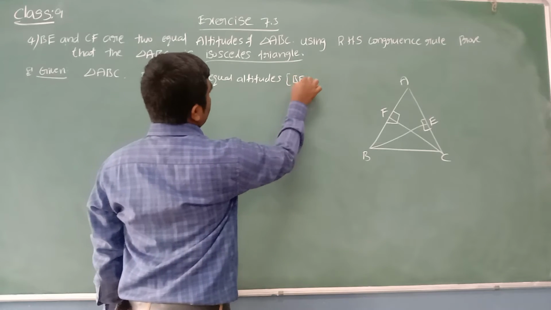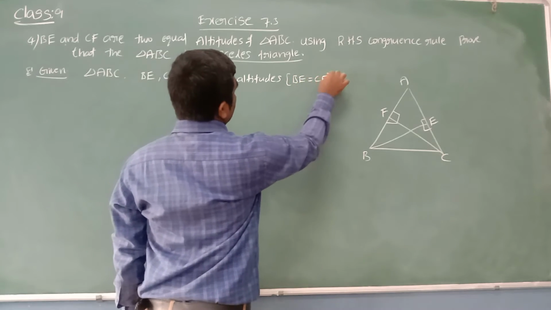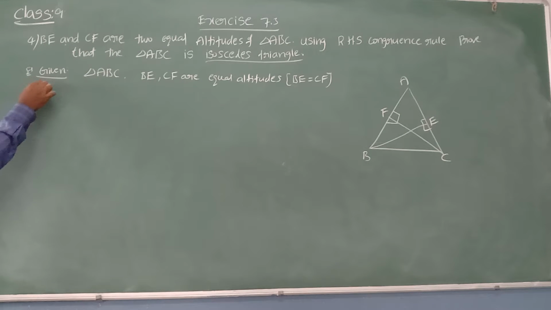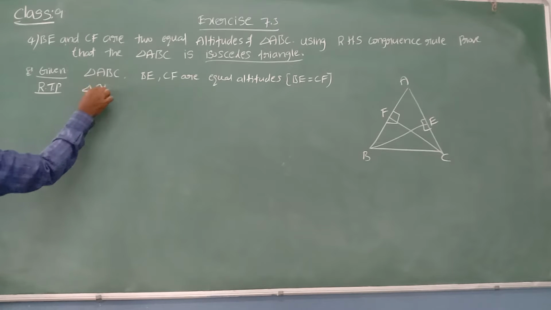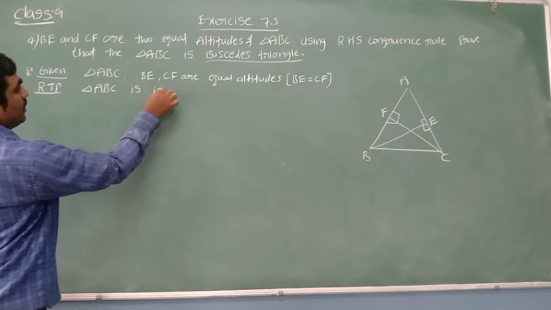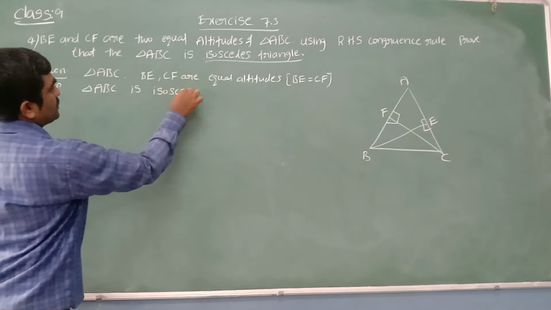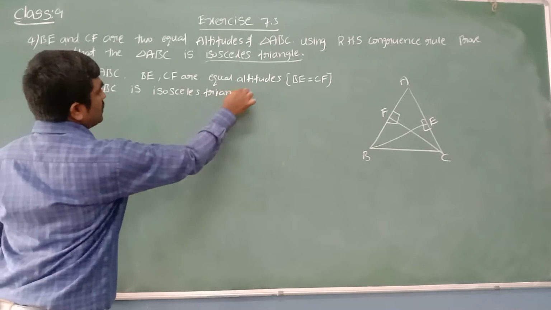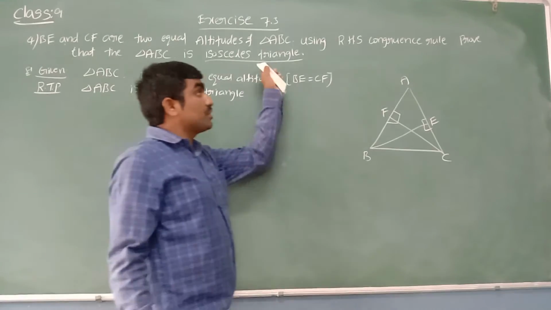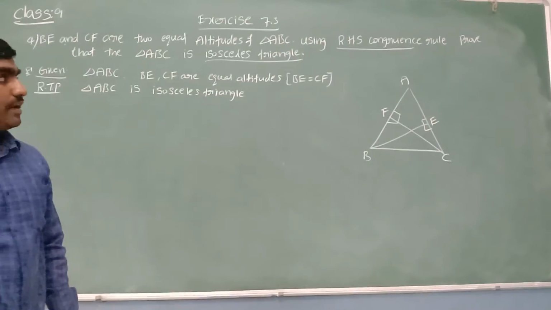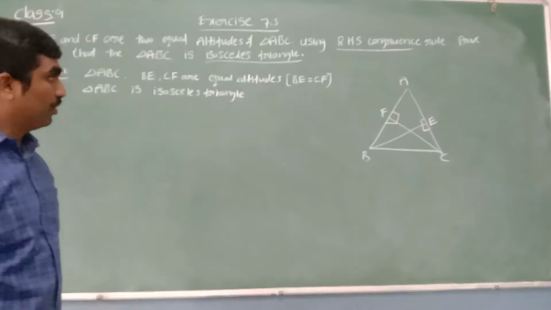It means the length of BE is equal to CF. Then what are they asking us to prove? They are asking to prove that the given triangle ABC is an isosceles triangle. And they also gave us one hint: we have to prove this by using the right angle hypotenuse side congruency rule.